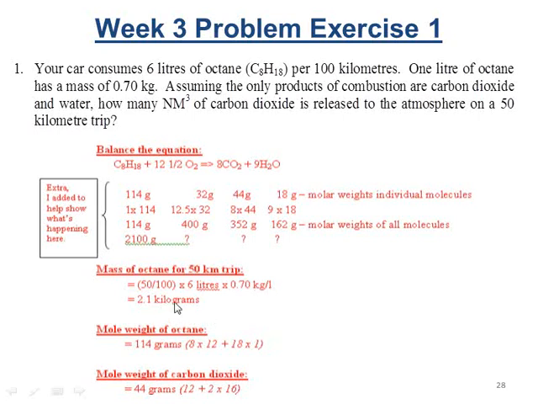And that gives you 2.1 kilograms or 2,100 grams. Then the molar mass of octane would be equal to 114 grams, and that would be 8 times 12 plus 18 times 1. And the molar mass of carbon dioxide would be 44 grams, which is 12 plus 2 times 16.